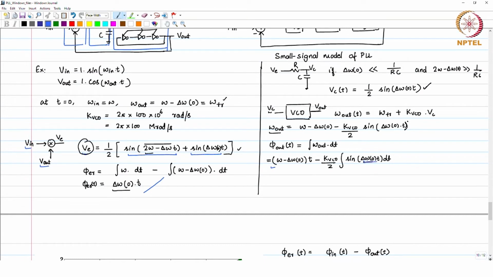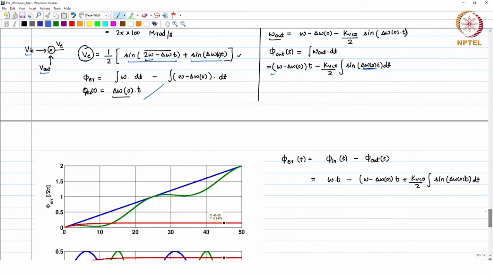When you are closing the loop, that is the frequency error. As when the loop is open, as you close the loop, the argument of this will keep on changing, but we are just trying to understand what happens in each case. So, here what you will see is that this is delta omega 0 times t plus kVCO by 2 into integral of sine of delta omega 0 times t dt.